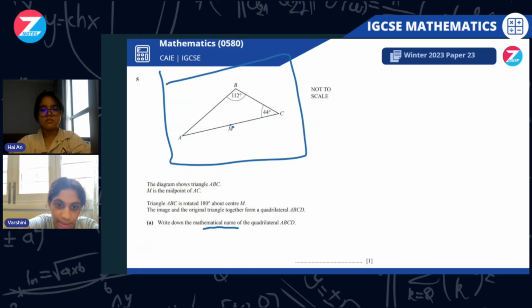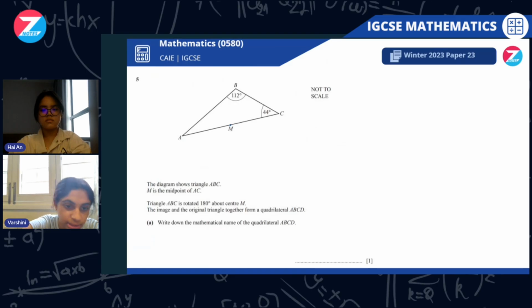So if you do that, you should get something that looks like this. This will be our new C, and this is our B, and this will be our A. So it's the same point.